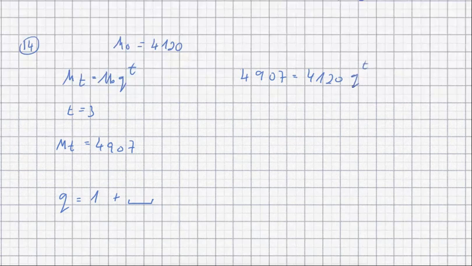So should I divide to get the 4,120 to the other side? Mm-hmm. Okay, so what did you get? 1.191.